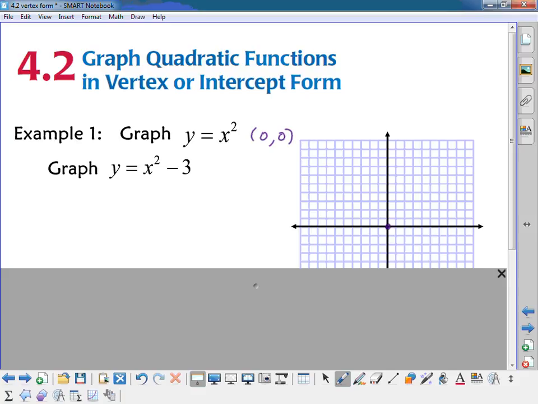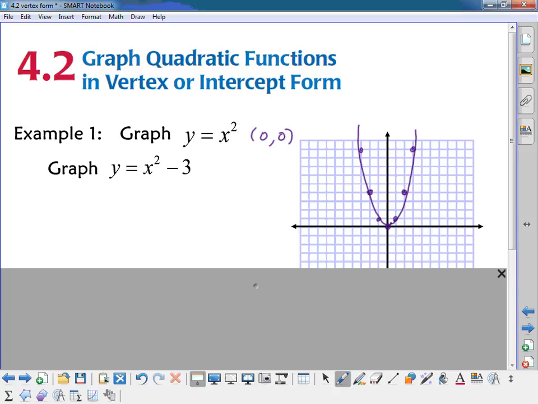If I go out 1, what's 1 squared? 1, so I can go out to either side and go up 1. If I go out 2, 2 squared is 4, so I go up 4. If I go out 3 from my origin, what's 3 squared? 9. Okay, so everybody's parabola looks like that, right?